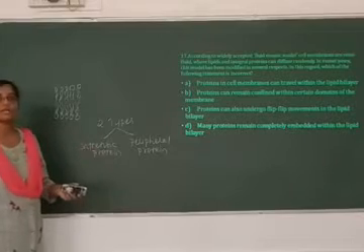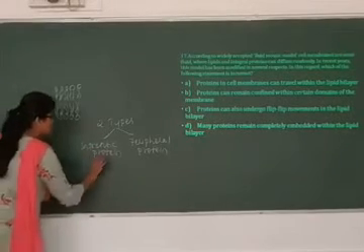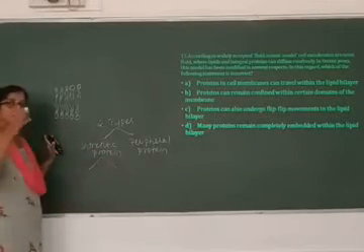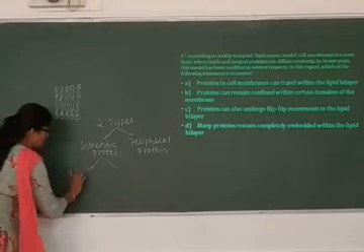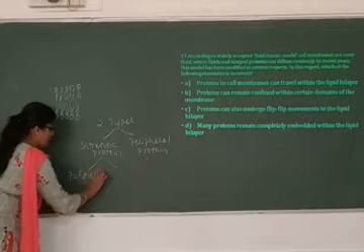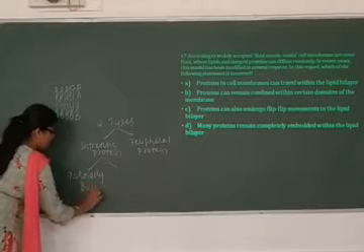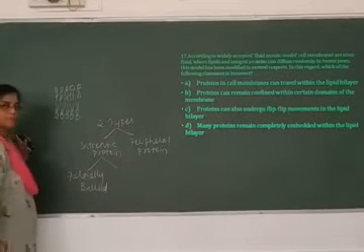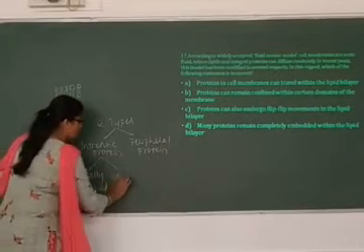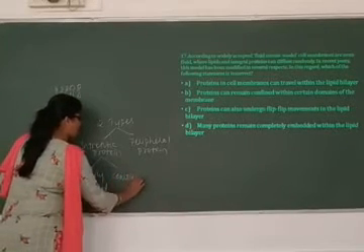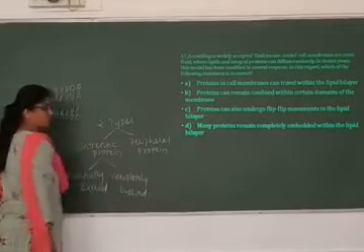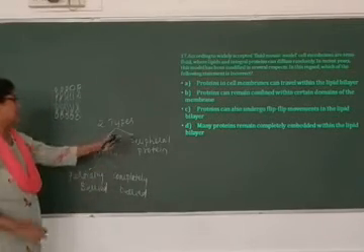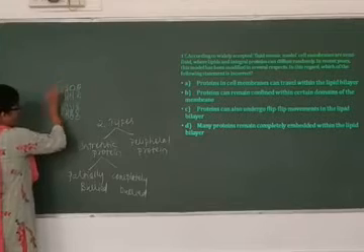Intrinsic proteins are also called integral proteins. These proteins are present inside the lipid bilayer. They may be partially buried in the lipid layer, or they may be completely buried in the lipid layer. Whereas peripheral proteins are present on the surface like this.